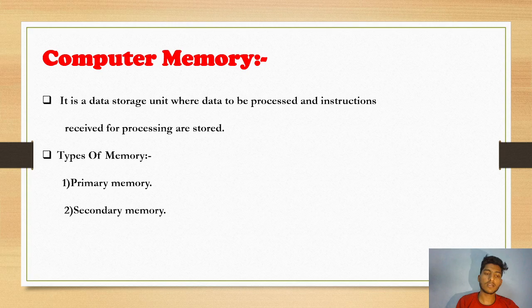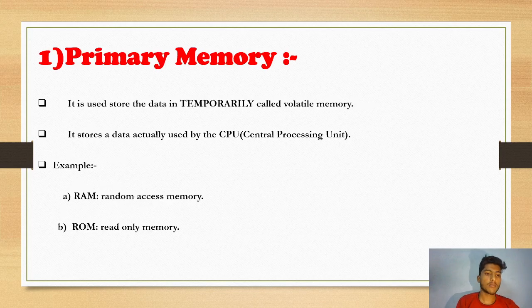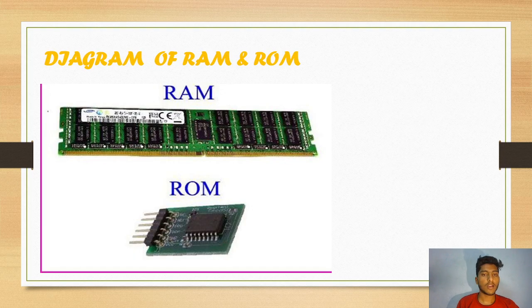Primary memory is temporary storage memory, while secondary memory is permanent storage memory. Primary memory is also called volatile memory. It stores the data currently used by the central processing unit. Examples: RAM and ROM.